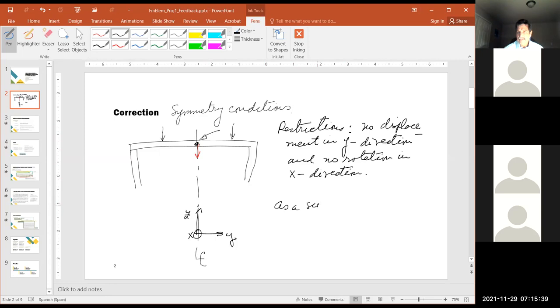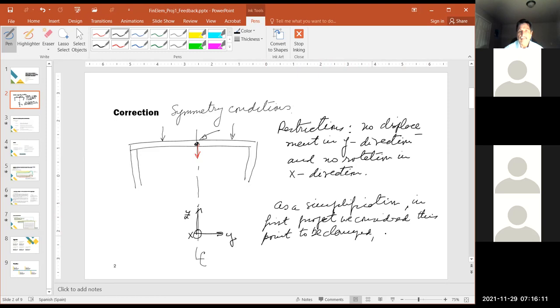As a simplification, in the first project, we considered this point to be clamped, but it is better to consider it as guided.